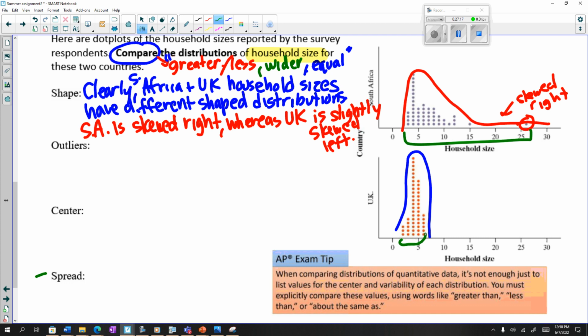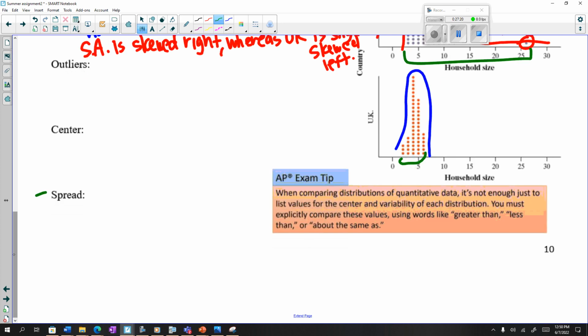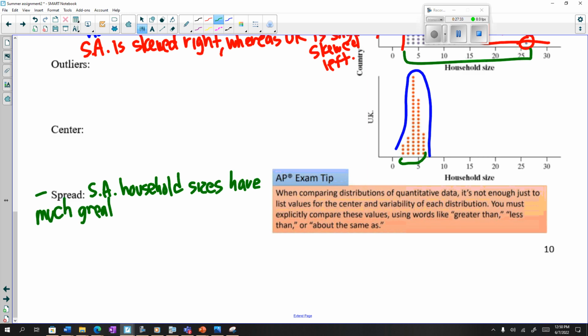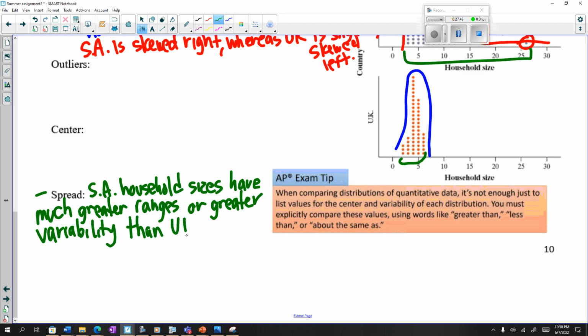So we want to say that with the household sizes. That's a clear difference. South Africa household sizes have much greater range of sizes or greater variability or greater spread. Those are all interchangeable words than UK household sizes.